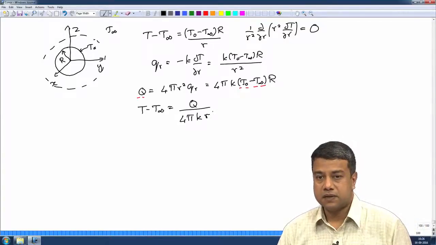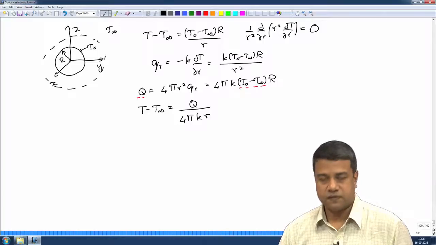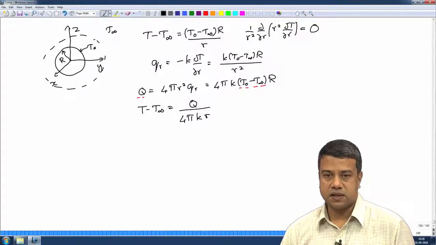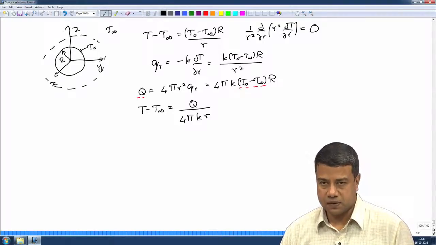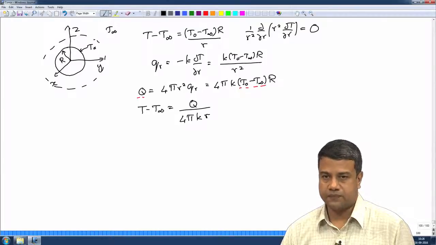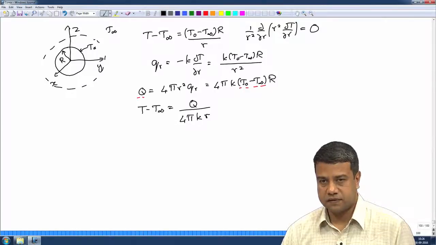That is the temperature disturbance due to a spherical inclusion, which is generating heat capital Q per unit time. This solution is independent of the radius of the sphere R.